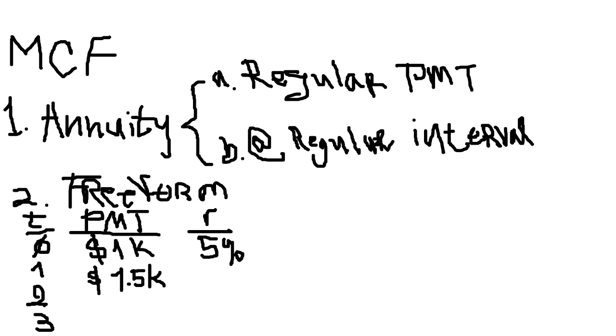And at that time, the interest rate was 4%. And at the end of year 2, which is the beginning of year 3, you made a deposit of 2K, right?